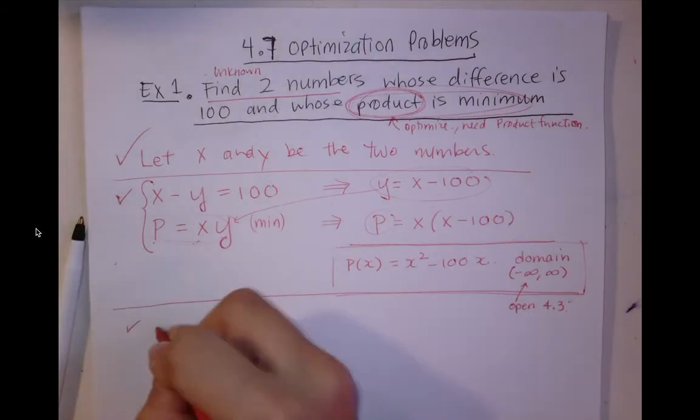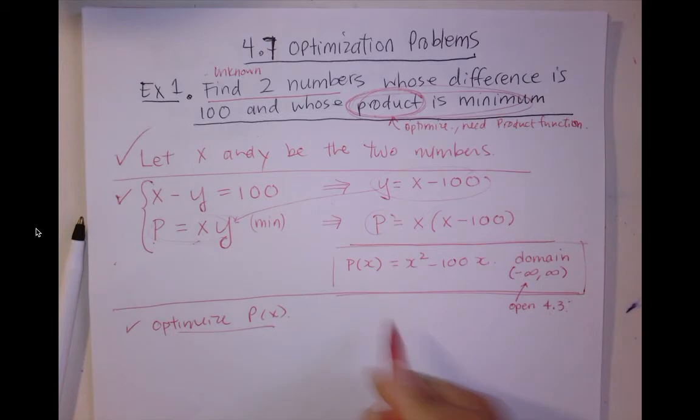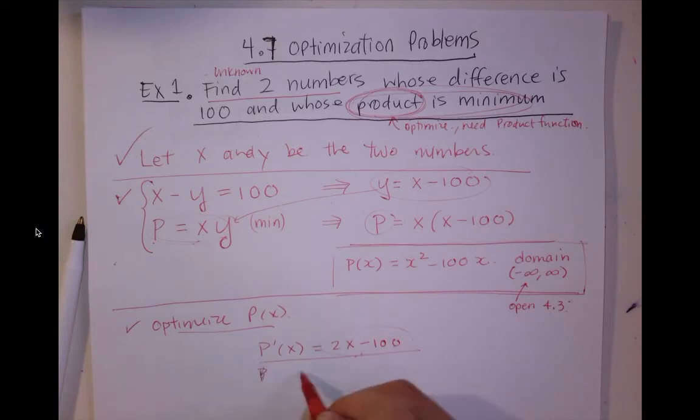So let's do that. In order to optimize this function, I take the derivative and I get 2x minus 100. And I want to find the critical numbers. This function is always defined, so the only critical number that I'm going to have is where this derivative is equal to 0. So 2x minus 100 is equal to 0 if x is equal to 50. Okay? This is the only critical number that we have.